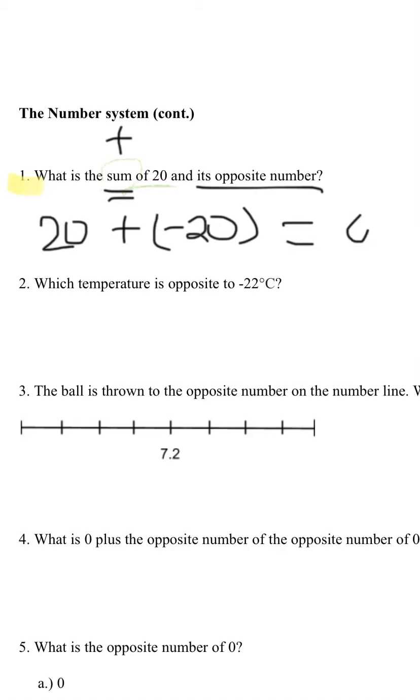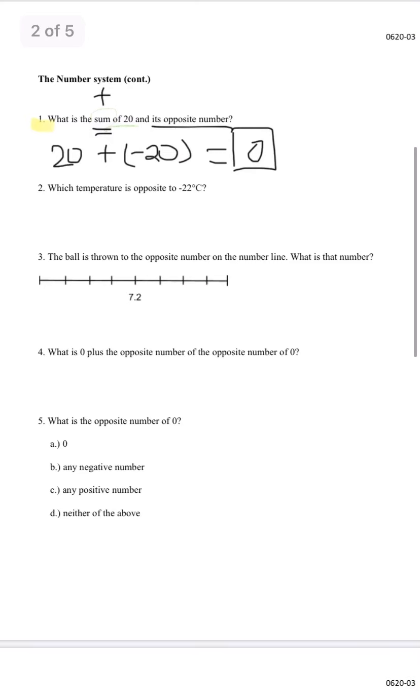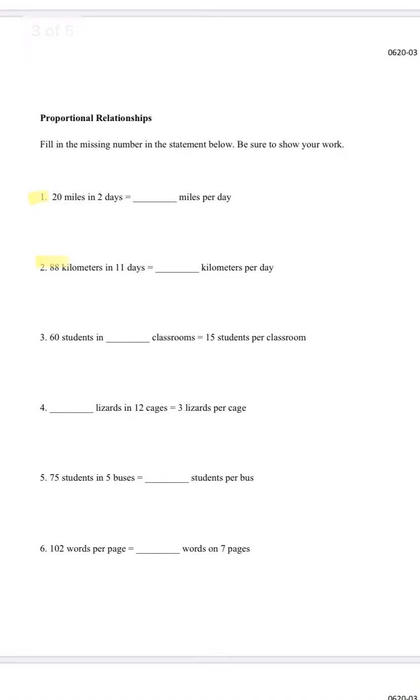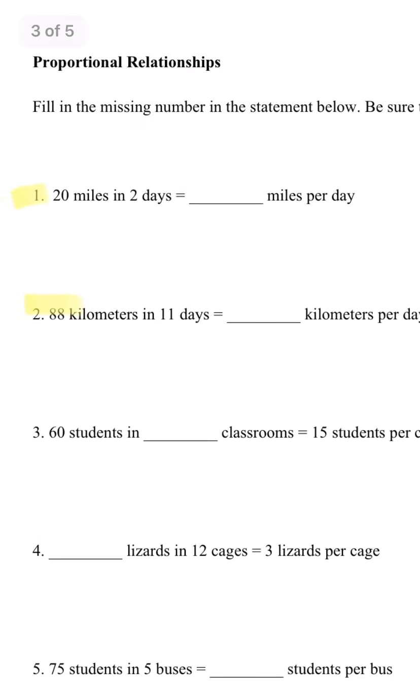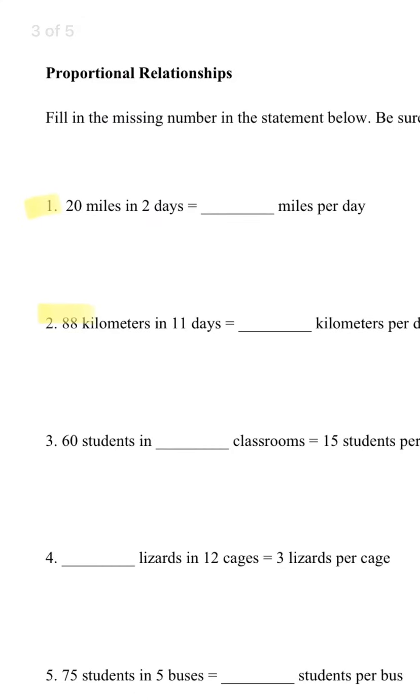Well, if you said 0, you're correct. So our answer is 0. So finish this page, and then let's move on to proportional relationships. It says, fill in the missing number in the statement below. Be sure to share your work. Okay, so let's look at number 1 together.